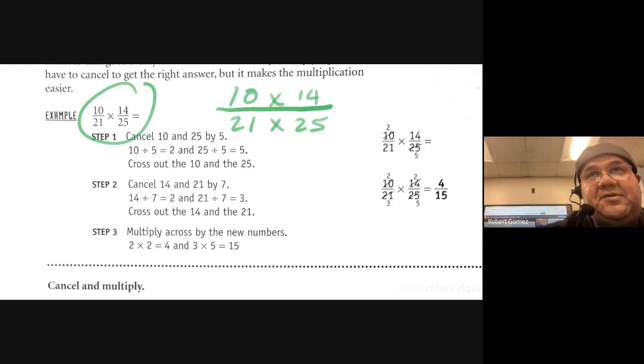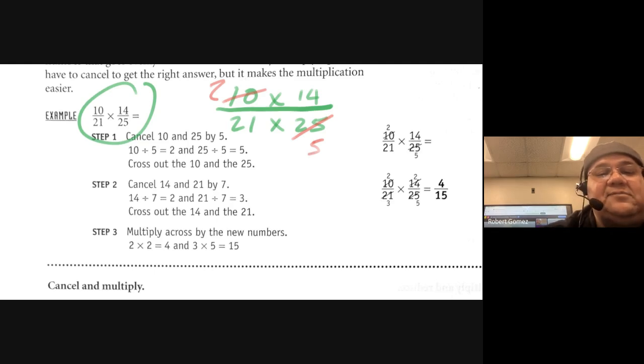But if I know my multiplication facts, I can say, what number goes into both 10 and 25? Oh, 5 does, right? So 10 divided by 5 is 2, and 25 divided by 5 is 5.